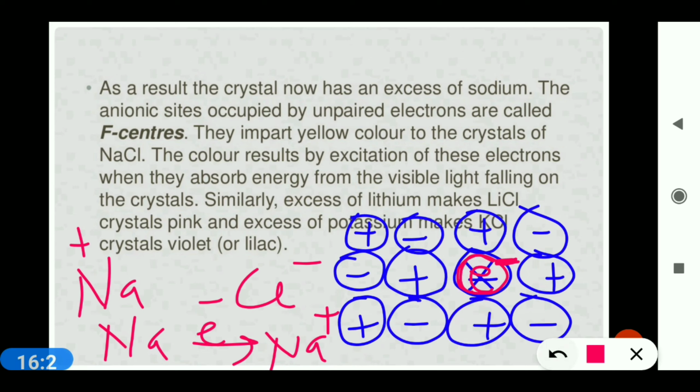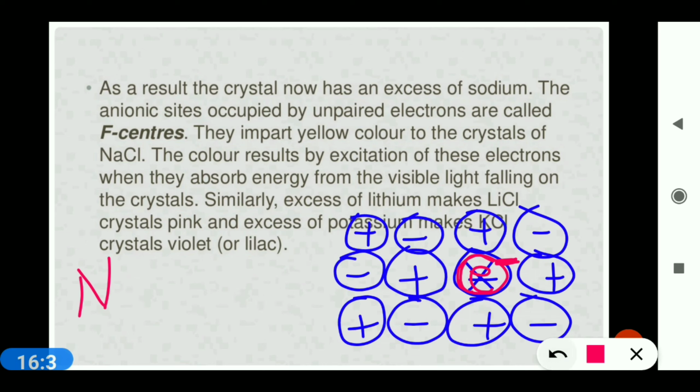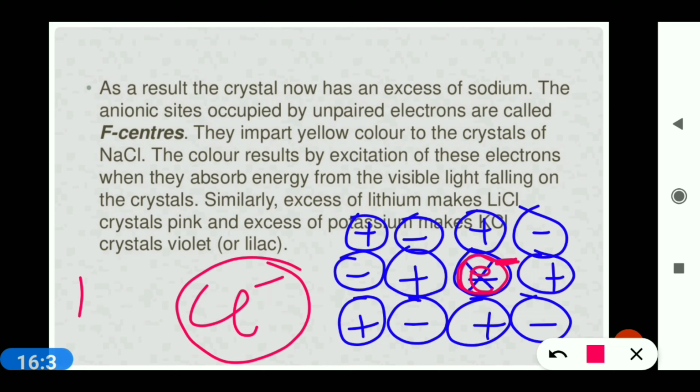So due to this electron there is maintenance of electrical neutrality, but once Cl- moves away, the density decreases, and the electron present in the anionic vacancy is known as the F center or Farbe center, and this center is responsible for the color of the crystal.